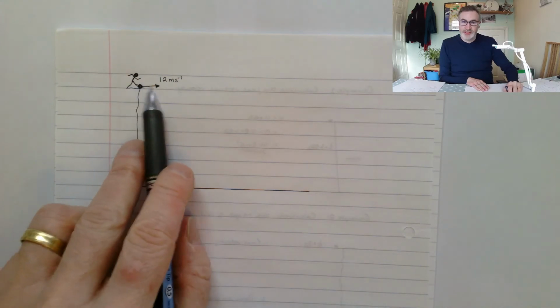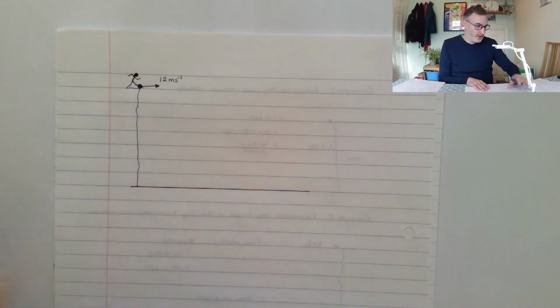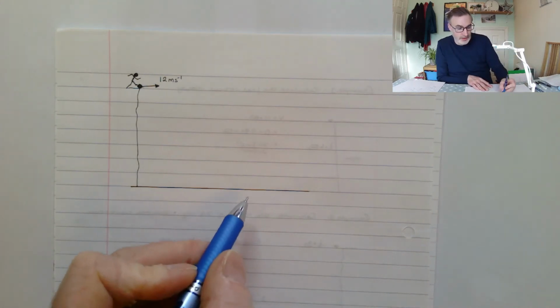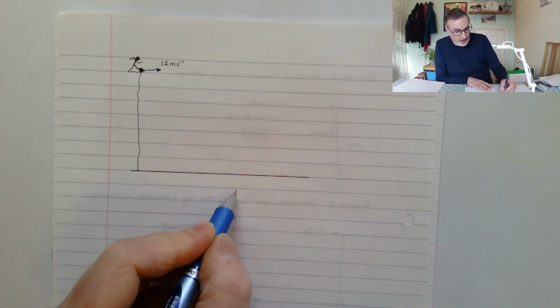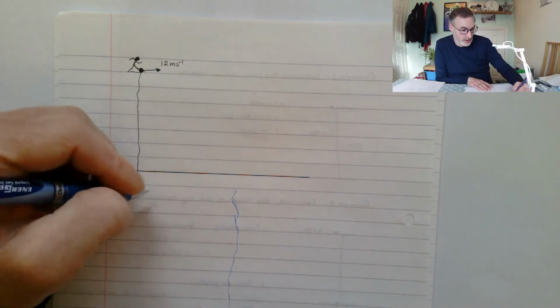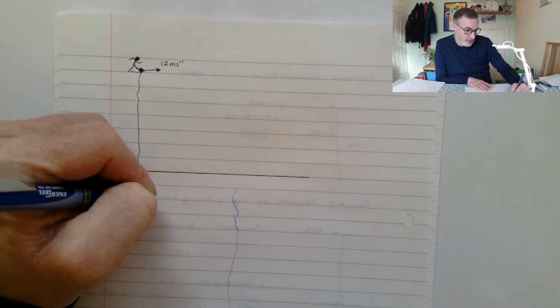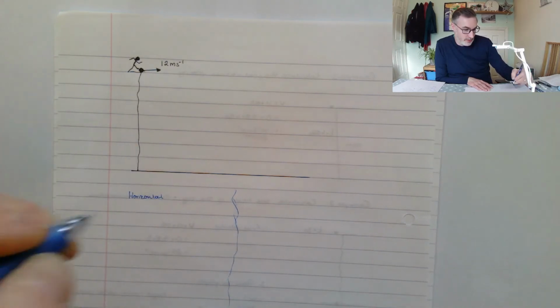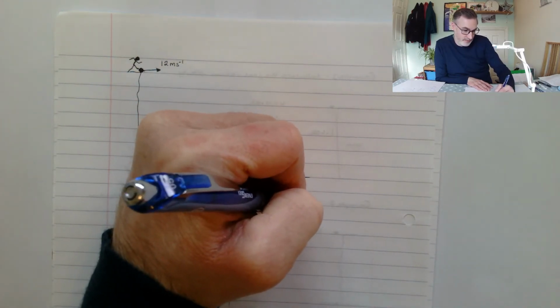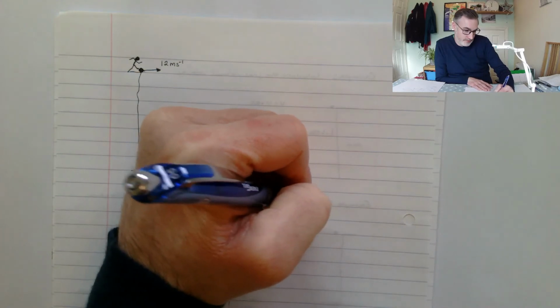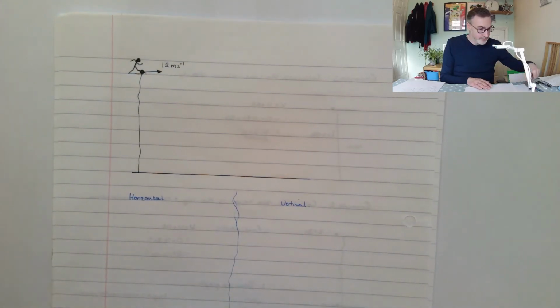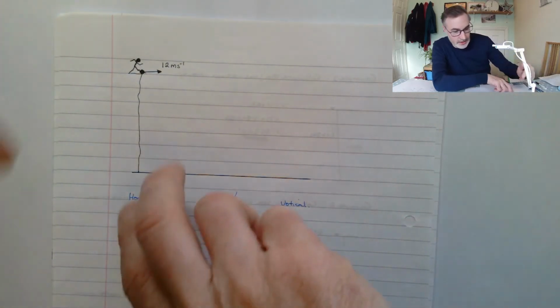At the moment, this is the horizontal velocity, and you can only use it horizontally. So in fact, I'm just going to split my page up here, and I'm going to call this horizontal, and I'm going to put vertical over here.